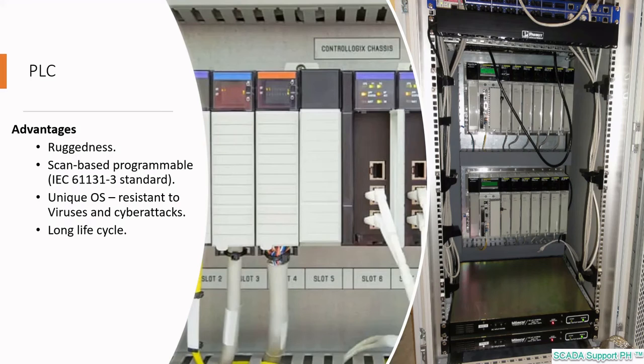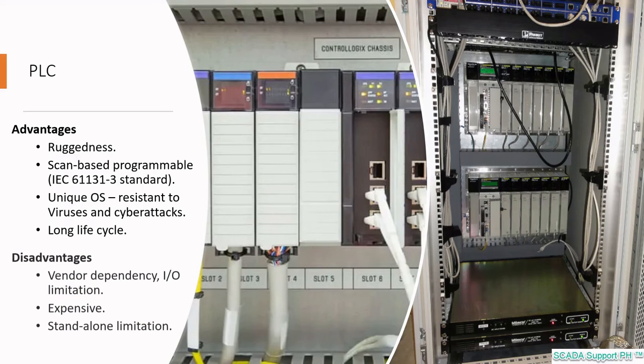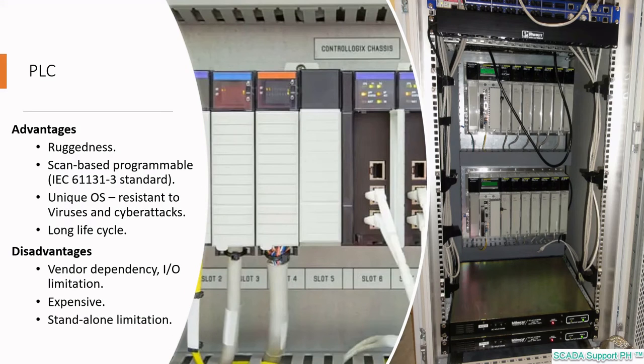On the other hand, PLC also has some disadvantages. The primary thing that sets PLC control apart from PC-based controls is built-in or snap-on input-outputs, or IOs. Many types of IOs can be combined in a PLC.